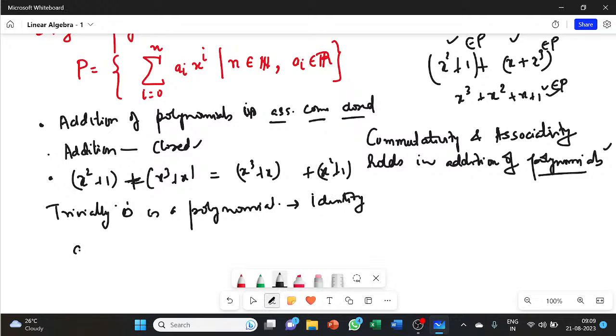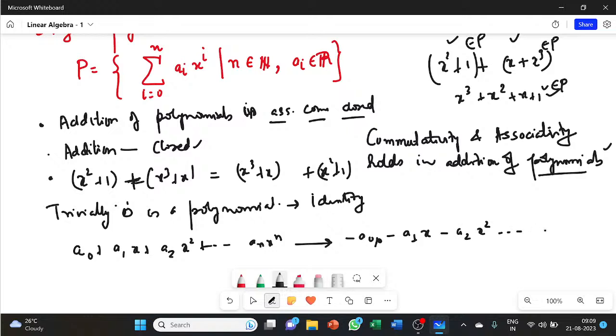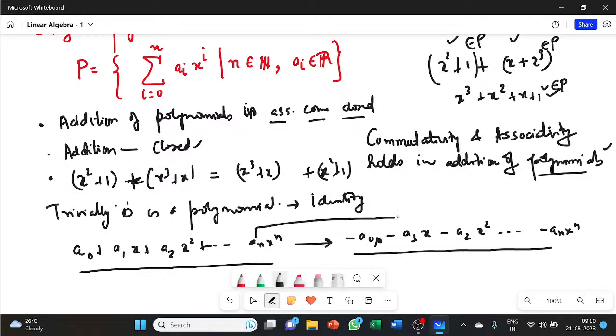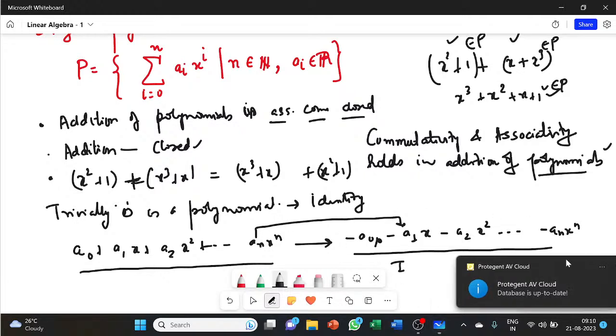And for a polynomial a_0 plus a_1 x plus ... plus a_n x raised to power n, there always exists an inverse, that is minus a_0 minus a_1 x minus a_2 x square ... minus a_n x raised to power n. So for a polynomial of degree n, there always exists another polynomial which is its inverse. So this is the existence of inverse.